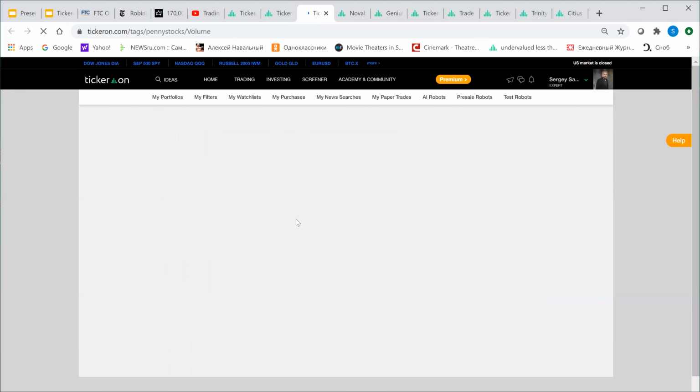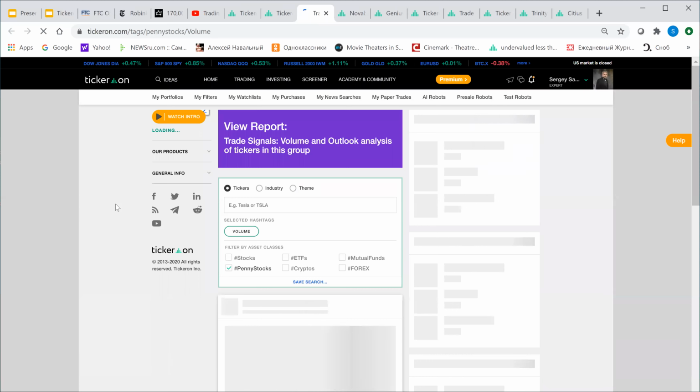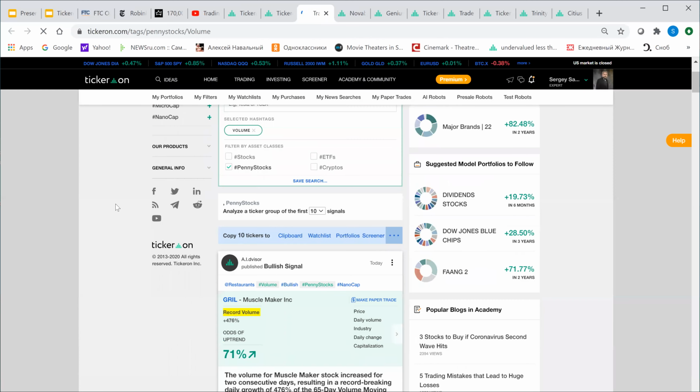Let's click on volume. Now we get into the specifics of finding such news, such signals where the volume is a leading type of indicator, which shows that there is some price action based on volume.